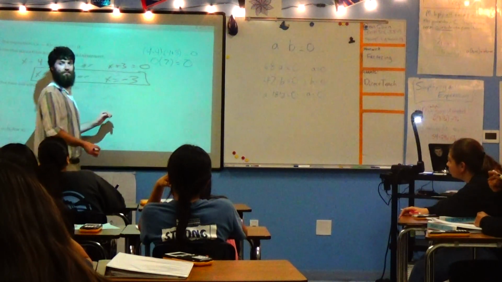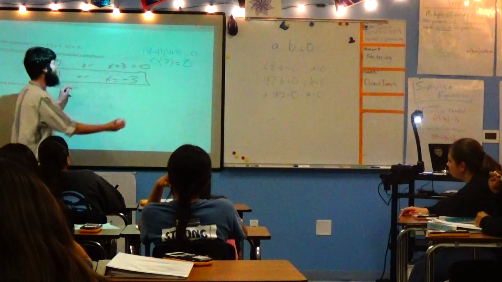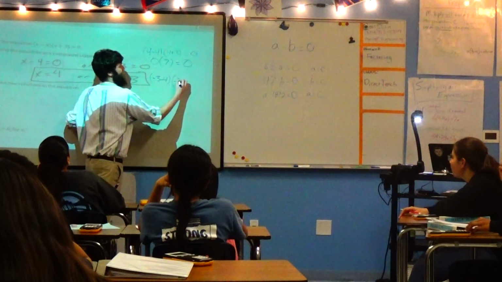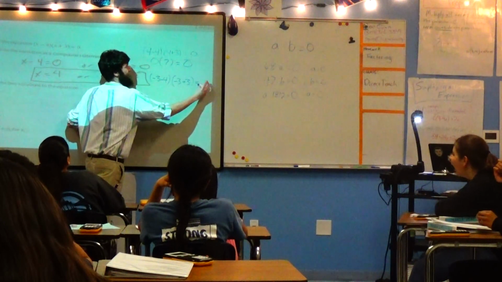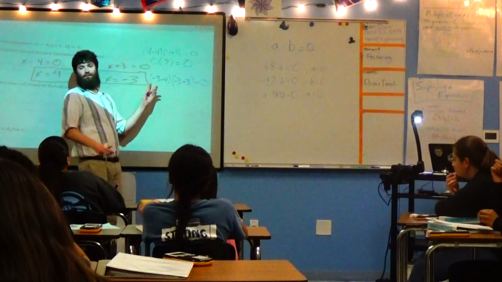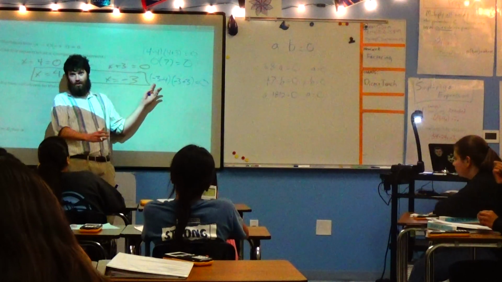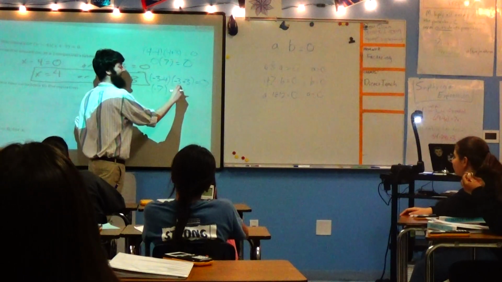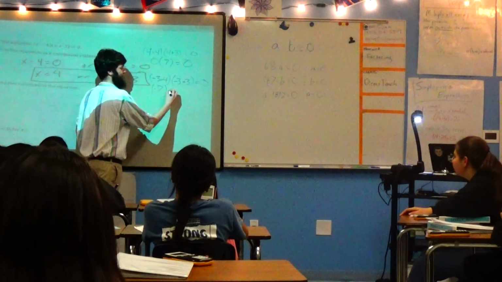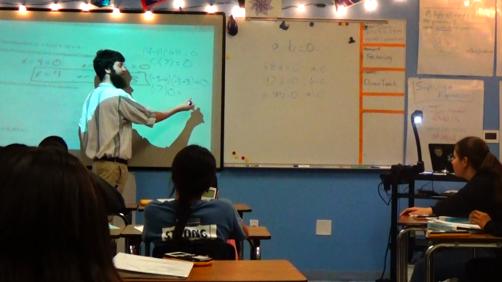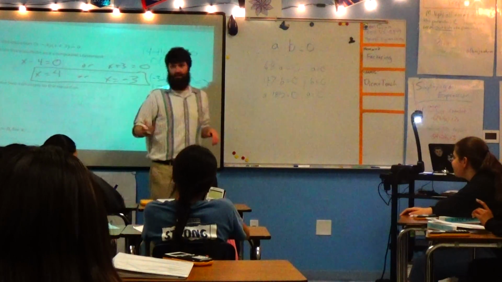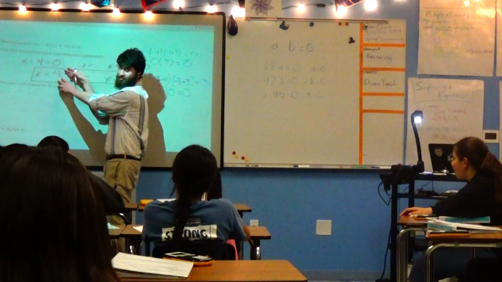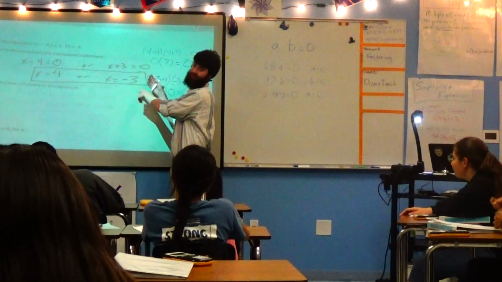And then if you plug in negative 3, negative 3 minus 4 times negative 3 plus 3, does this equal 0? What's negative 3 minus 4? Negative 7. And then negative 3 plus 3, that's your 0. Negative 7 times 0 would be 0. So 4 makes this true, negative 3 also makes it true.